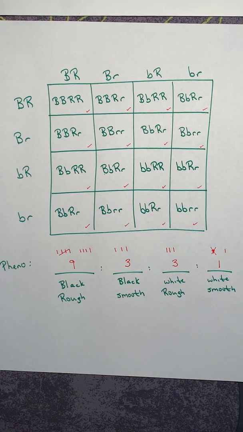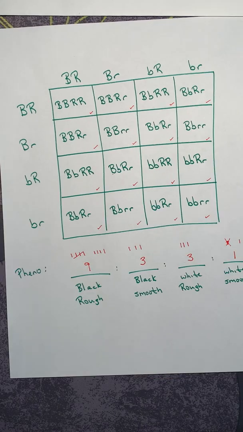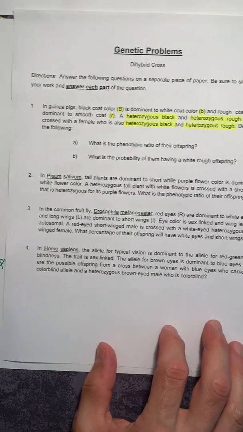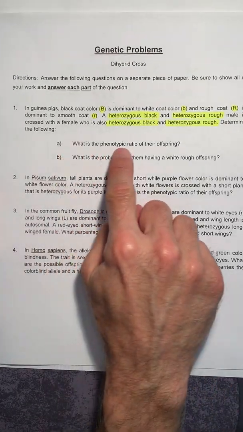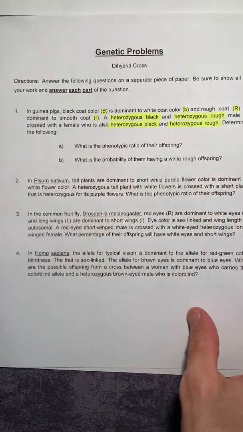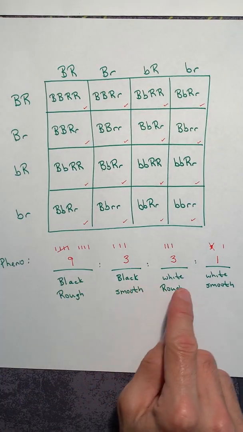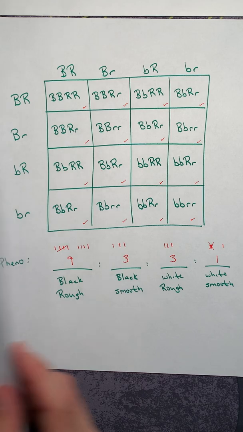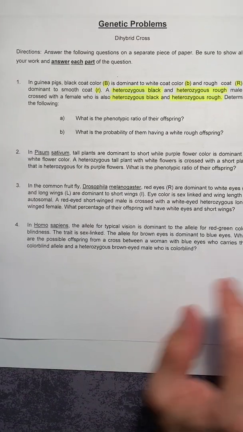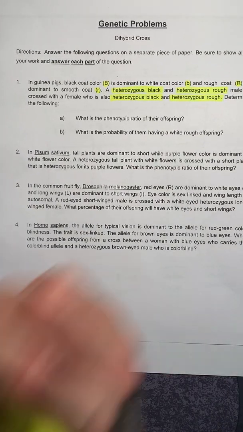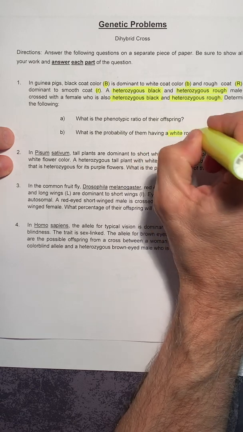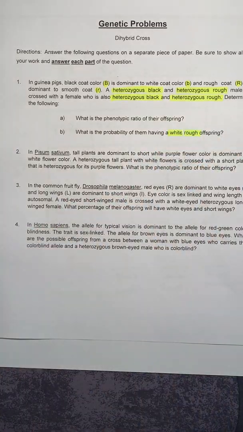And always you go back to the problem, make sure that we answered all of the parts of the problem. So it says, what's the phenotypic ratio of their offspring? We got it, 9 to 3 to 3 to 1. But then part B says, what's the probability of them having a white rough?